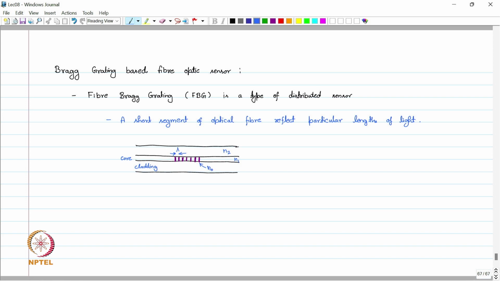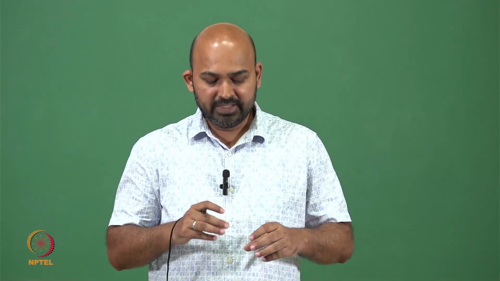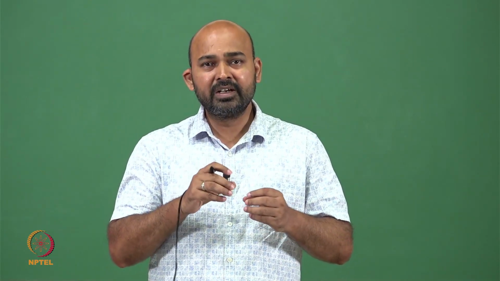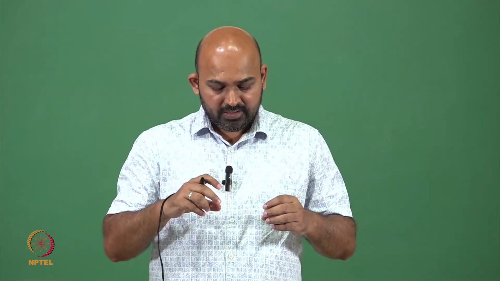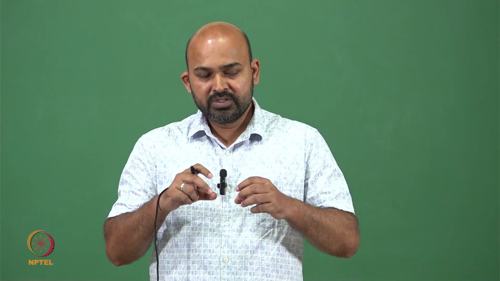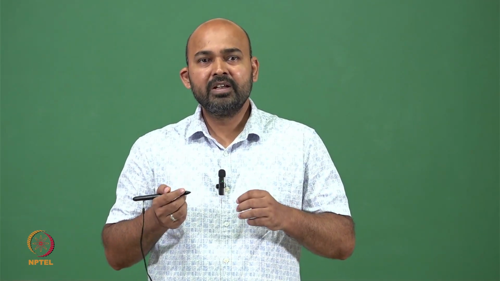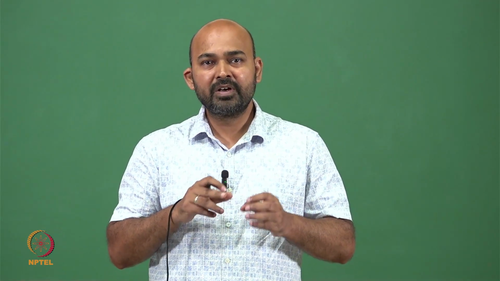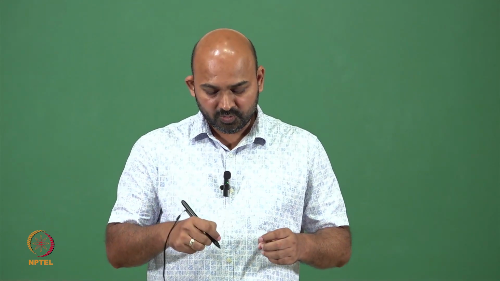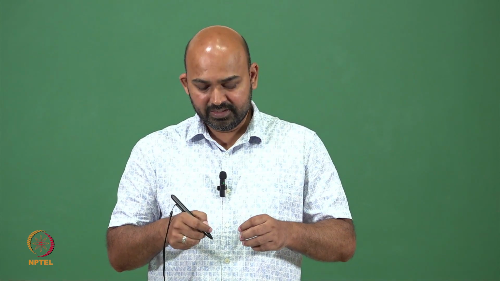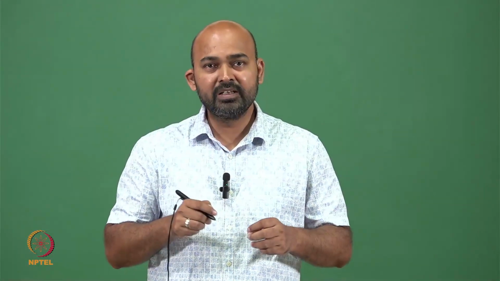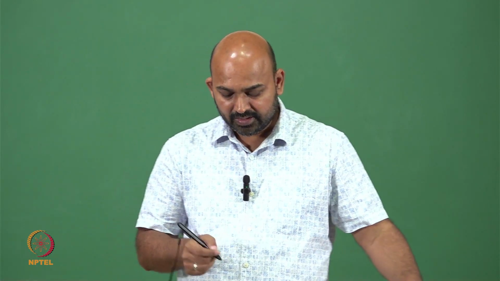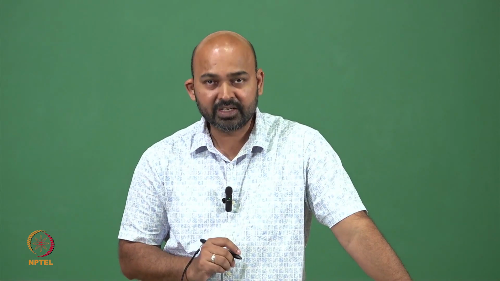So we have modified our optical fiber itself with a grating, where this grating is nothing but a different material in the core, and because we use a different material, the refractive index of this material is different than the rest of the core. So core, let's say, has eta 1 as the refractive index, this grating material is eta naught, and the cladding of course is a different N2.